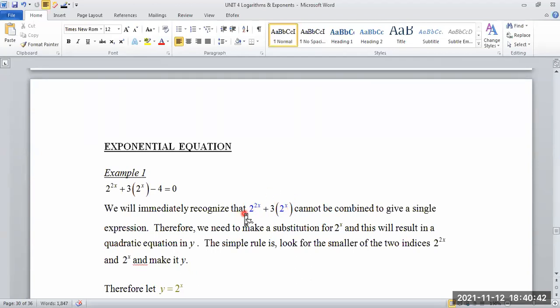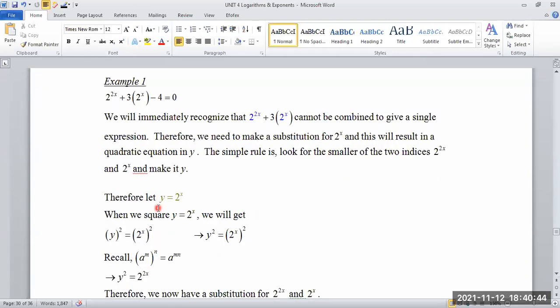All right? And then if y is equal to 2 to the x, when we square y, we get y squared is equal to (2 to the x) all squared. And 2 to the x all squared is going to be equal to 2 to the 2x, which is this, 2 to the 2x.